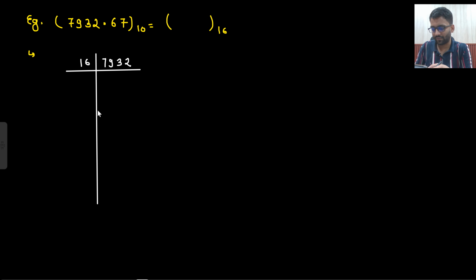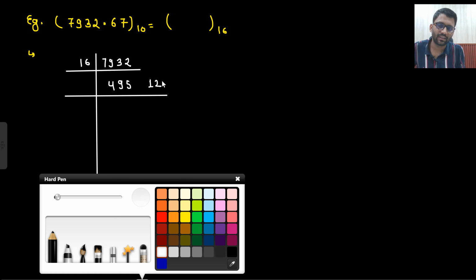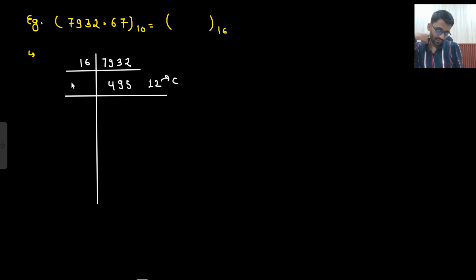That means 495 into 16, minus 7932, and here you will get 12. And what is 12? C.